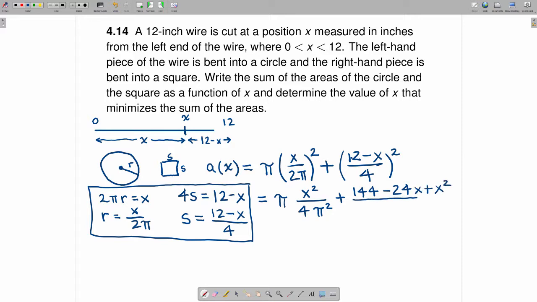And the denominator, when you square it out, will be 16. Notice that this pi will cancel with one of those pi's.